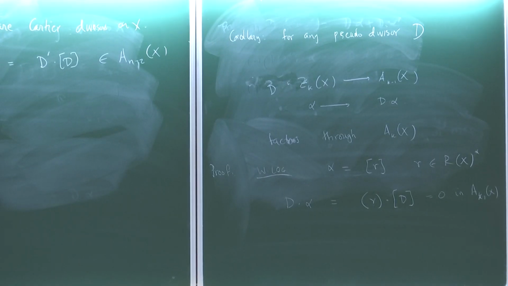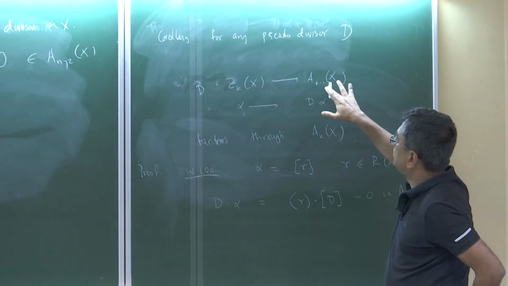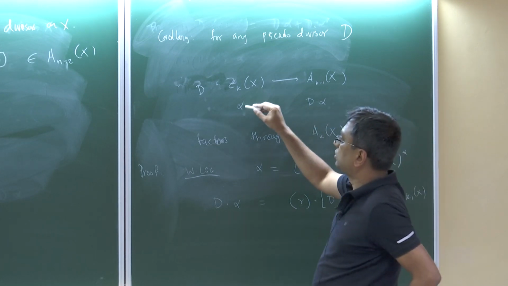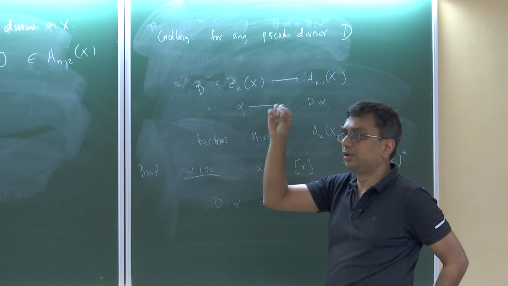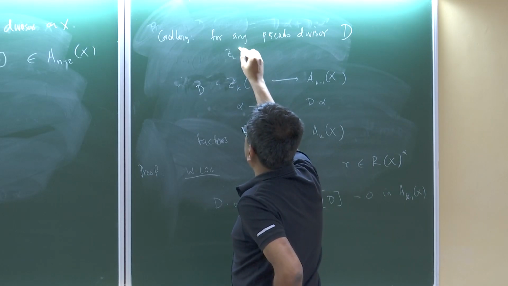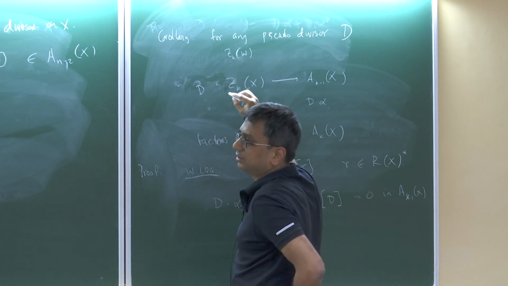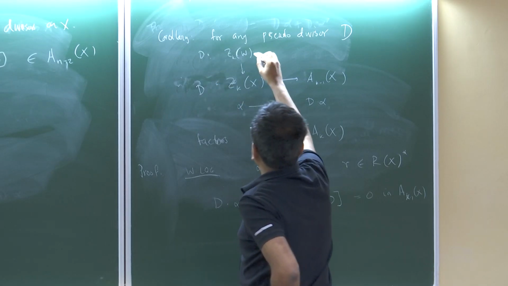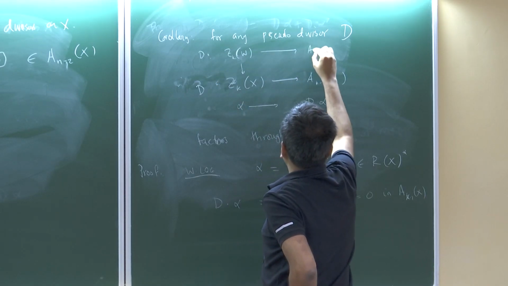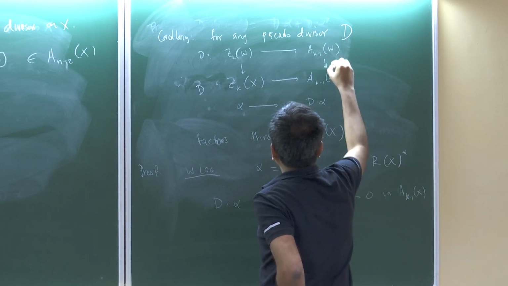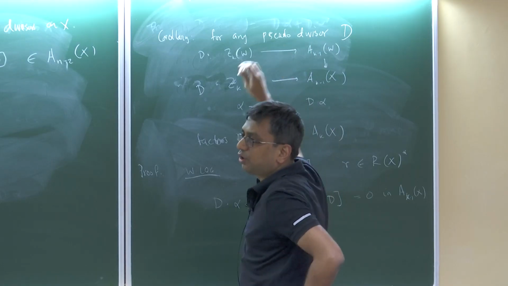You made a comment about the support of D. I made a comment about the support of D. See, I want to show some class is 0, right? Now I can of course assume my cycle is a cycle of W. So I have this Z_k of W map here, and D dot on this Z_k of W to A_{k-1} of W. What I'm saying is this map is anyway defined such that it factors here, so I can consider the top arrow.